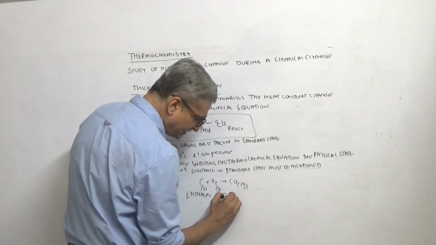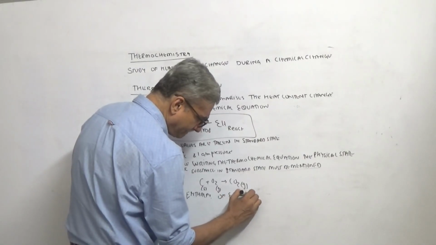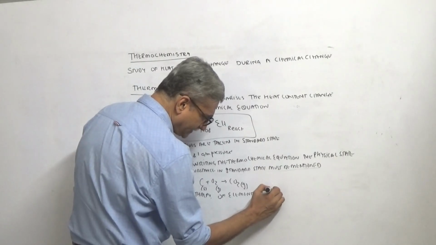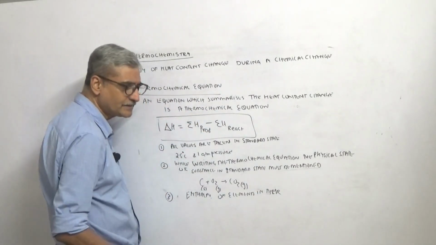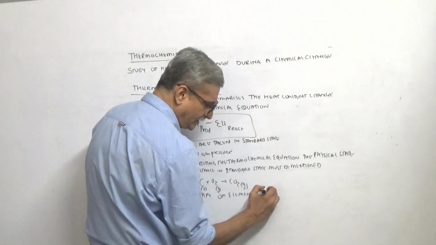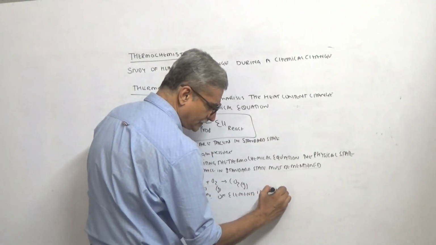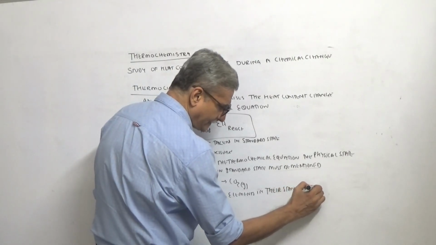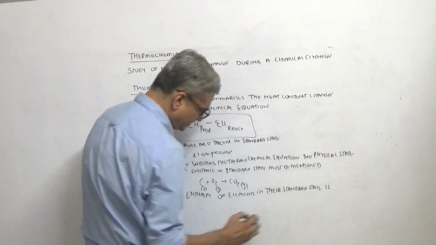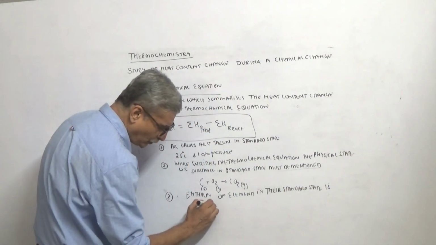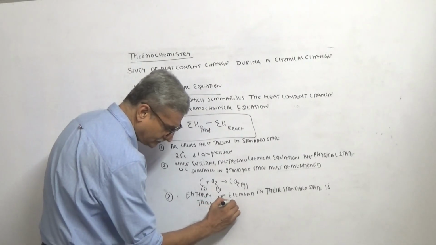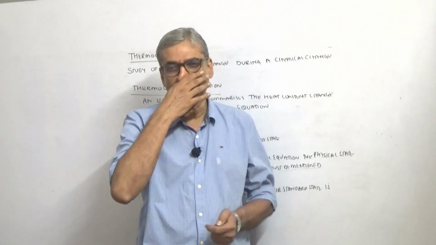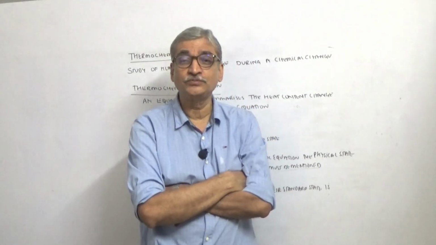Enthalpy of elements in their standard state is taken as zero. Very important. It's not zero, it is assumed to be zero. Is taken as zero or assumed to be zero.